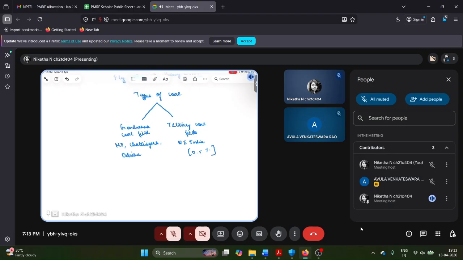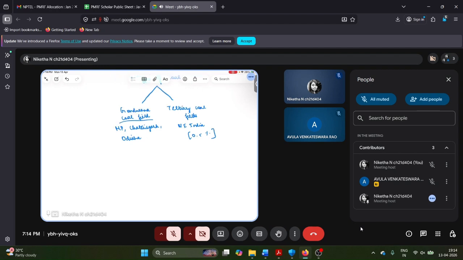Even though the sulfur content is high and the ash content is low in tertiary coal fields, their availability is actually very less. They constitute only 0.5% of the total coal deposits that we have. The rest is dominated by the Gondwana coal fields, which have a low sulfur content and high ash content.